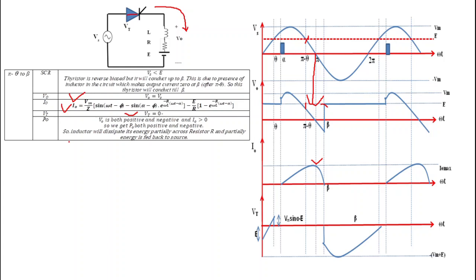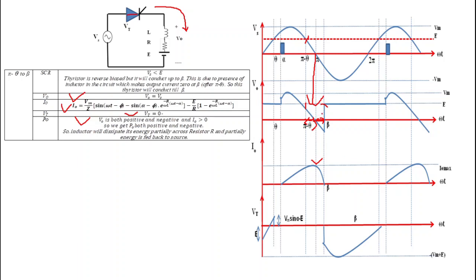Now what is the output power P naught? Here we can see that from pi minus theta to pi, V naught is positive, and from pi to beta, V naught is negative. But I naught is positive from pi minus theta to beta. So from pi minus theta to pi, V naught is positive and I naught is positive.